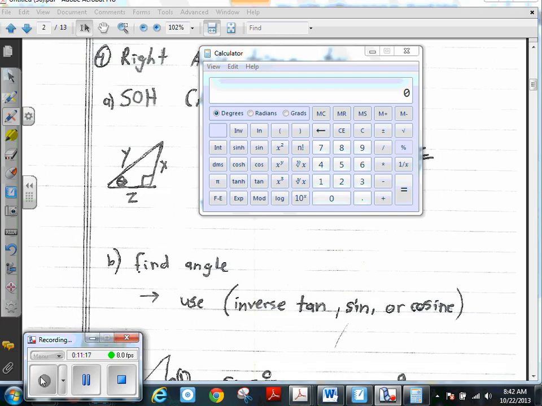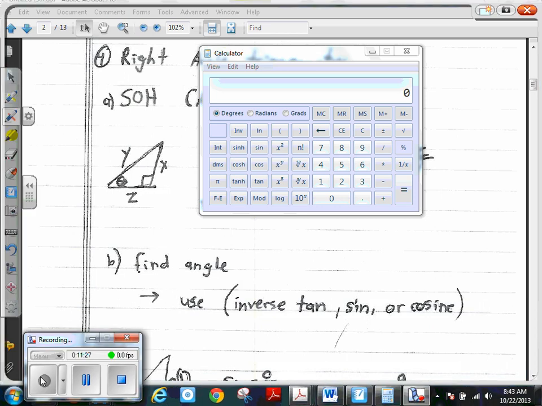So here's an example of a calculator here. And the first thing you want to check for is this. Make sure that your calculator is in degrees and not radians, because we're using degrees as our angle measurements. Here's the cosine button, here's the sine button, here's the tangent button.